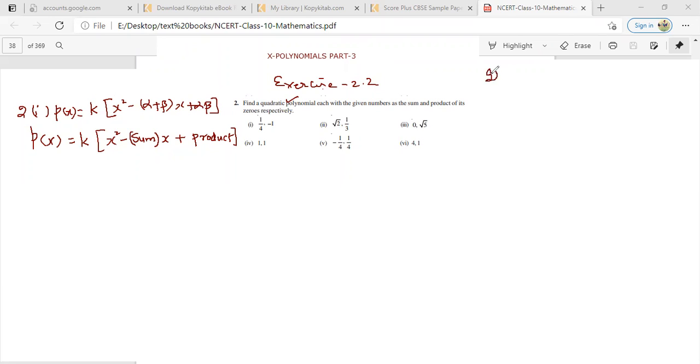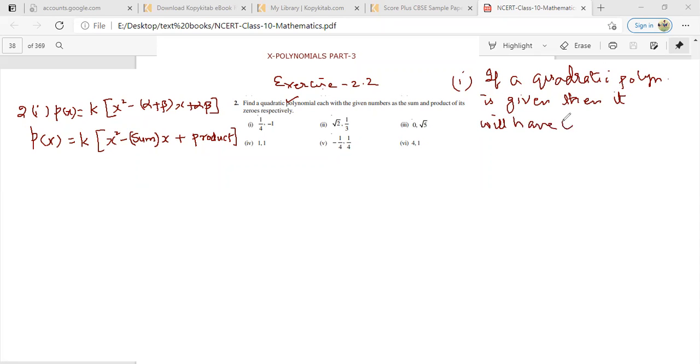If a quadratic polynomial is given, suppose 3x square plus 2x plus 5, then it will have 2 zeros.